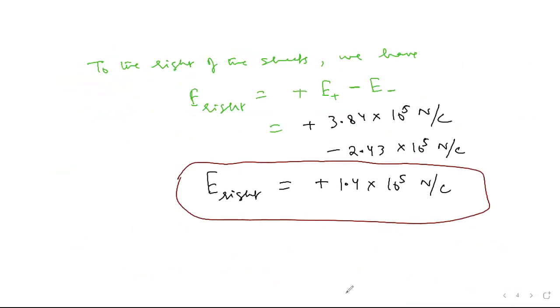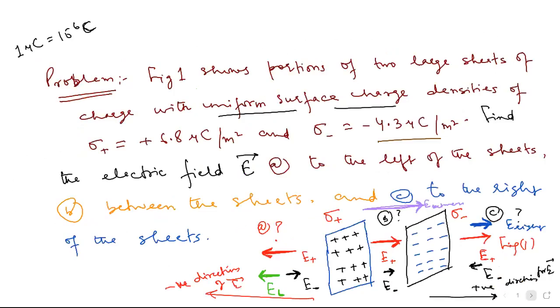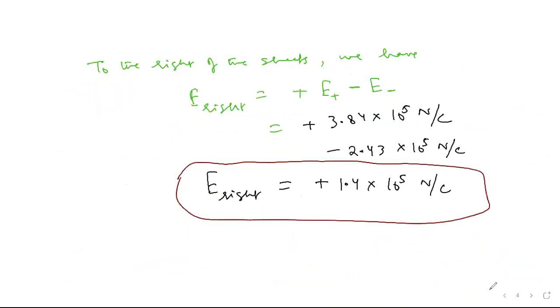So we have solved our problem, right? Now one remark: you can see outside the sheets, that's to the left and to the right, there is subtraction of individual fields, right? But between the sheets, there is addition of the individual fields.